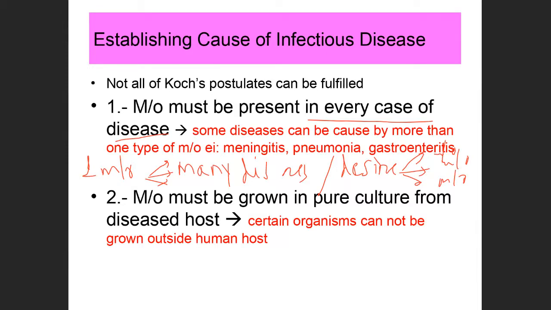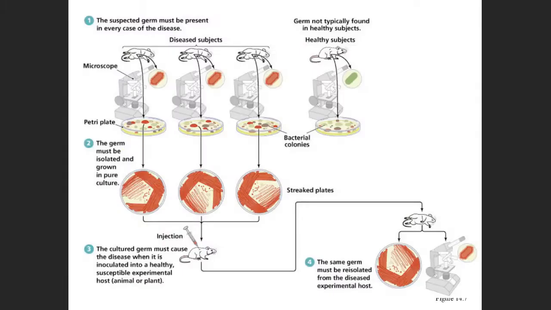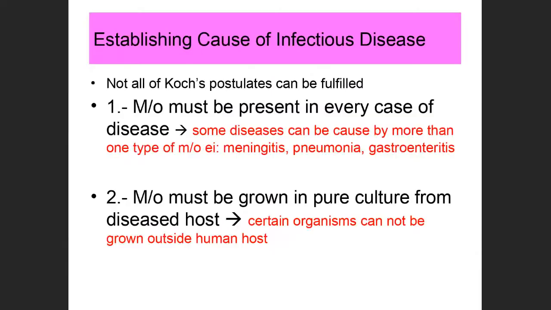So when we go back here, and it says every case of the disease, we should end up with the same organism, that may not be the case. If the disease is meningitis, you could have three different microorganisms isolated from each one of those hosts. Okay, the microorganism must be grown in pure culture from the diseased host. Again, that may not be possible because some microorganisms cannot be grown outside the human host.